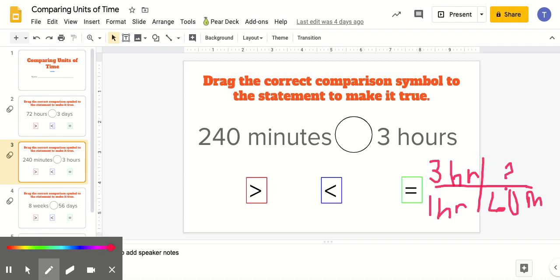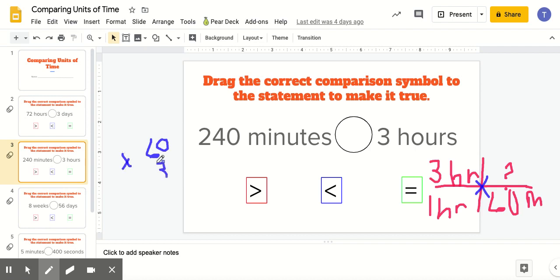So again, like I said earlier, if the two numbers that you're given are across from each other, they will make an X, which tells me I'm going to multiply. So I'm going to multiply 60 times 3 to figure out how many minutes are in 3 hours.